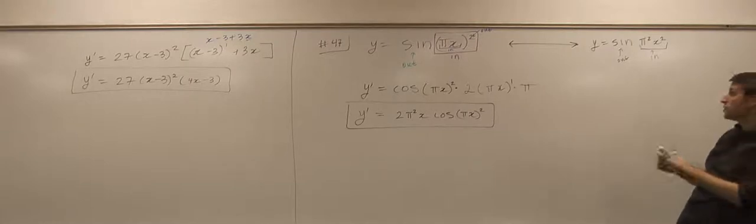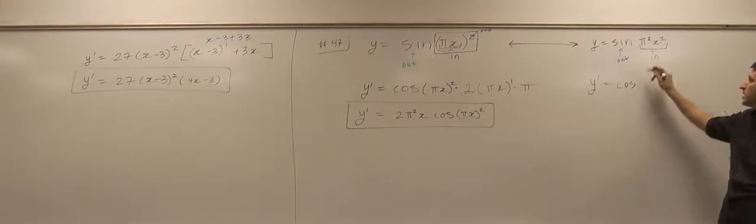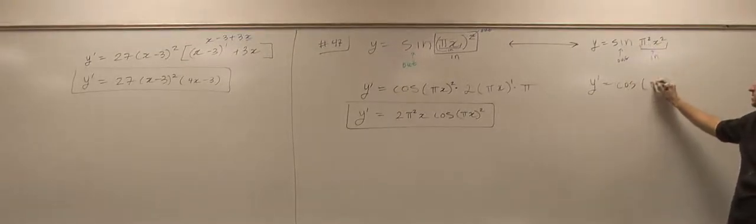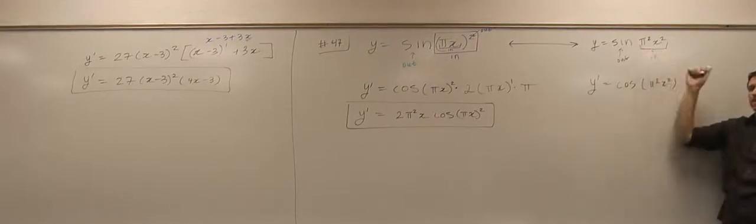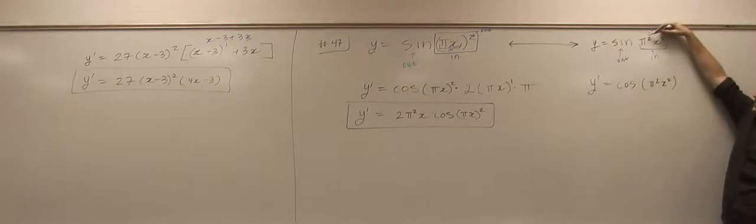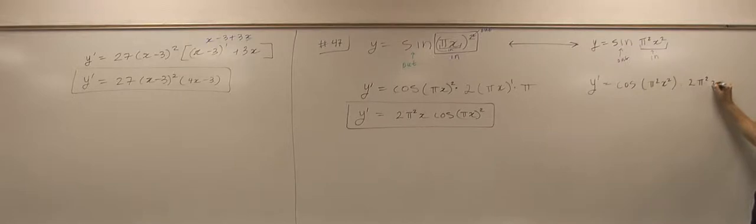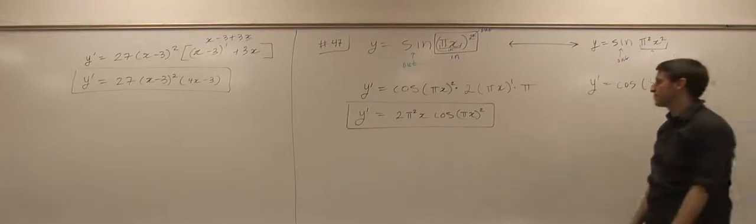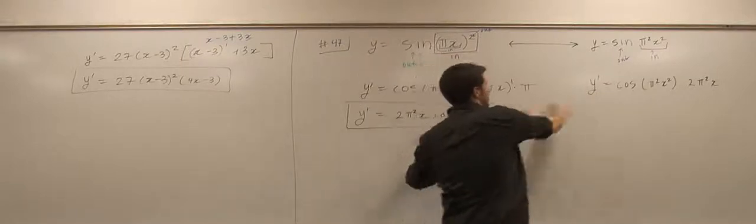You still have to do a single chain rule, y prime, but the derivative of sine is cosine. Recopy this, times what? How do you take the derivative of this inside now? Yeah, pi squared is a constant, so it just gets multiplied. So you write 2, because it comes down in front, pi squared x. So this part's right here, and this is the same as this.